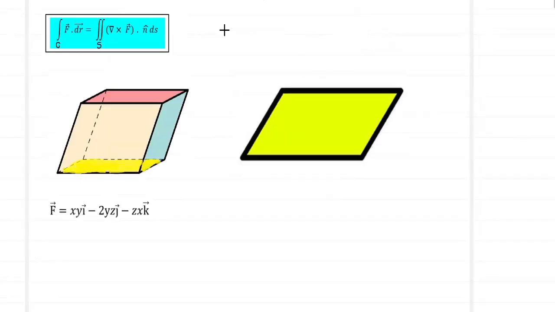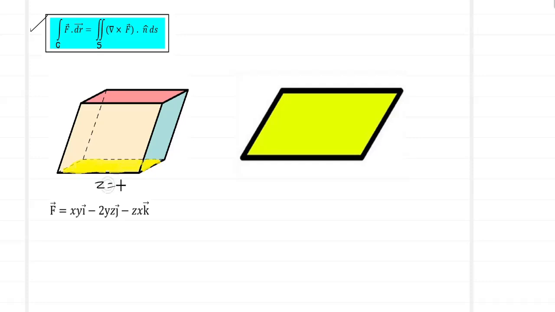What is there in my LHS? Integral over C F vector dot dr vector. So I need to compute my closed curve C. So what is the closed curve C? This bottom face which has been cut open is my closed curve C. So my closed curve is going to be this parallelogram in the base.